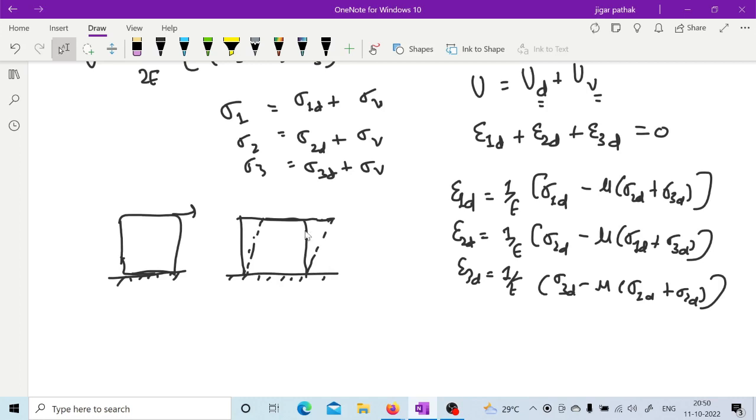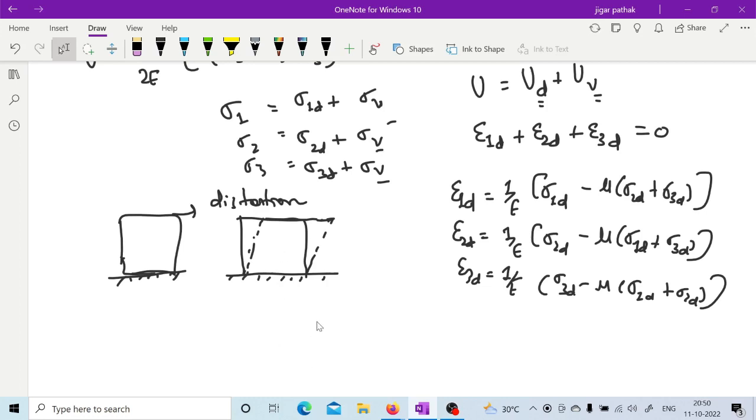Are you getting? Yes, sir. So this is a change in shape only, not a change in size. There is no change in volume, right? This is how distortion takes place. And the other part, the volumetric component, is responsible for volume change.